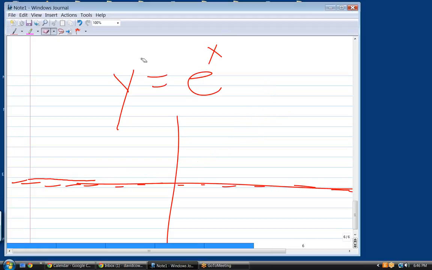Whereas if I had e to the negative x, that is a reflection over the y-axis. So that graph's like this. What's its end behavior?